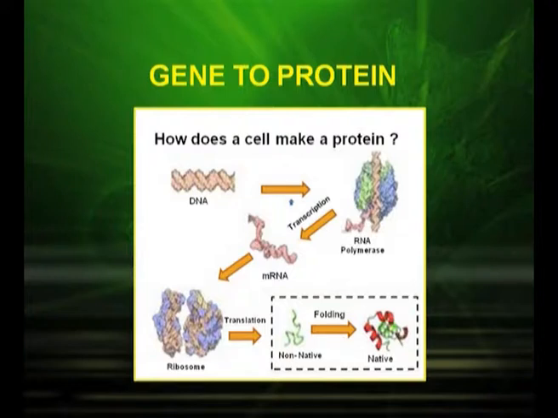Now we have a concept of how we go from gene to protein. This diagram shows how a cell makes a protein. All you have studied from replication to transcription to translation: the DNA forms the RNA with the help of RNA polymerase, then ultimately it forms a protein with amino acids as the building blocks.